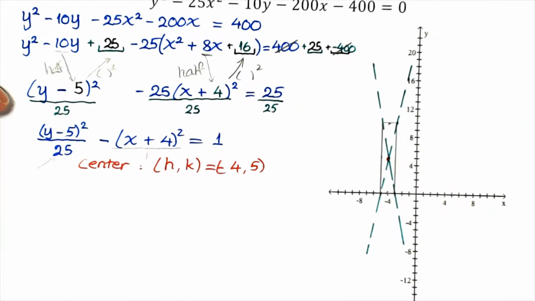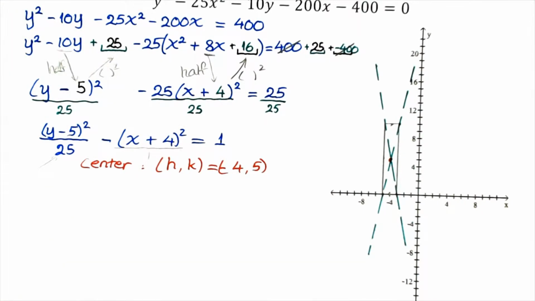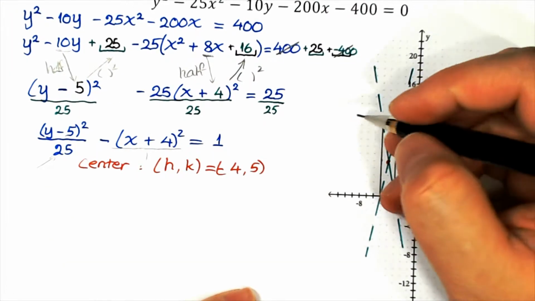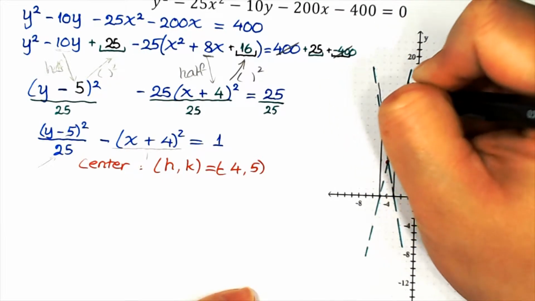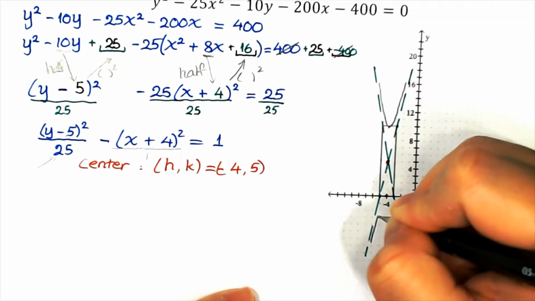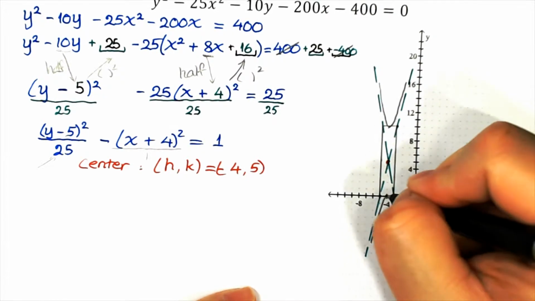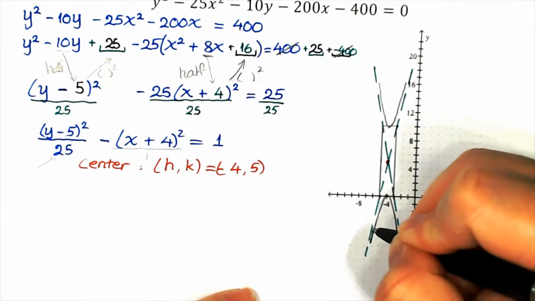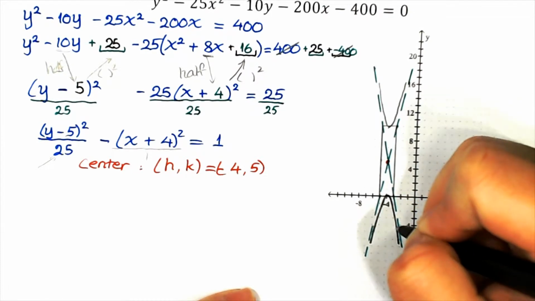And we know that this hyperbola will go with y squared and then minus x squared. So this will open up and down. So the sketch of the hyperbola will be like this. From the vertex, it will touch that box and it will approach the asymptotes.